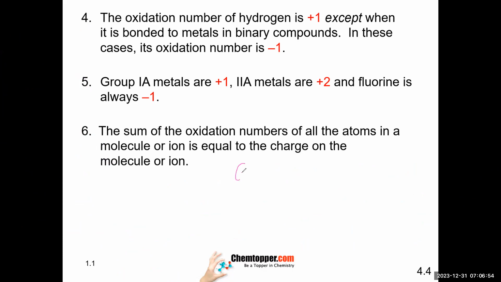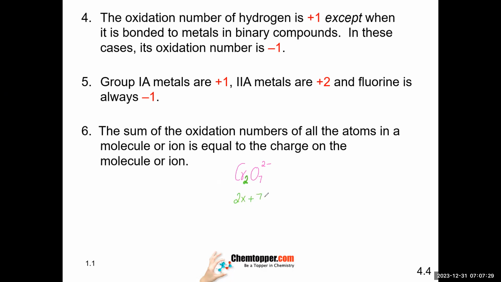Work out the oxidation number of chromium in Cr2O7 2 minus. Chromium oxidation number. You are going to do this question. There are 2 chromiums. So please understand I'm asking per chromium atom. So you can assume it as 2x.